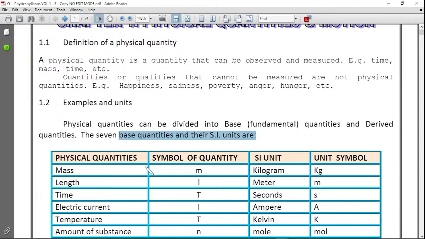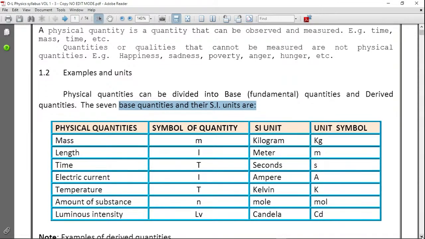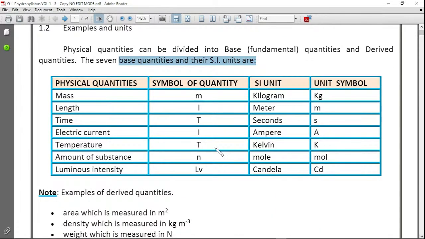Mass, the symbol is M, and the SI unit is the kilogram, kg. Time, small t, the SI unit is the second. Electric current, the symbol is I, and the SI unit is the ampere, with symbol A.